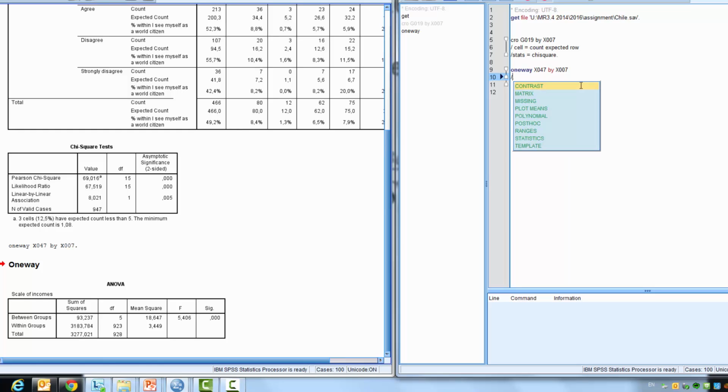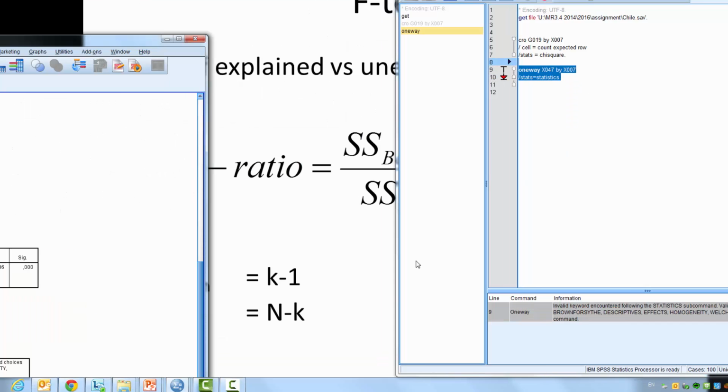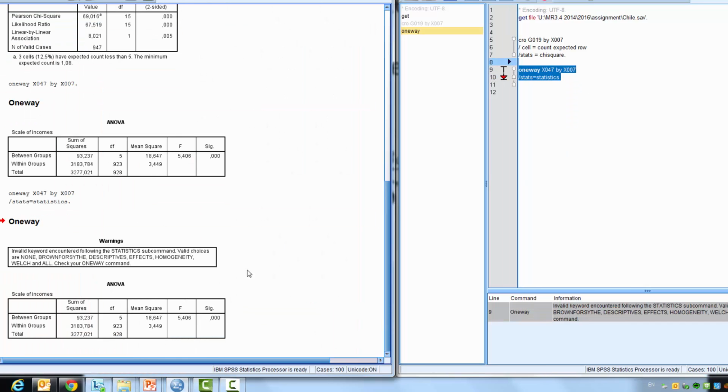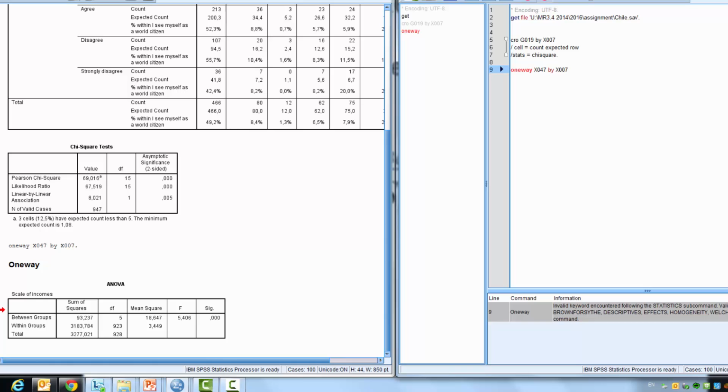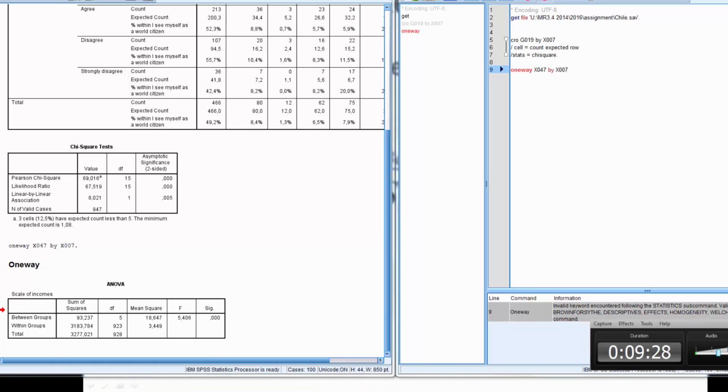If you also want to include some more statistics, you could use the options.